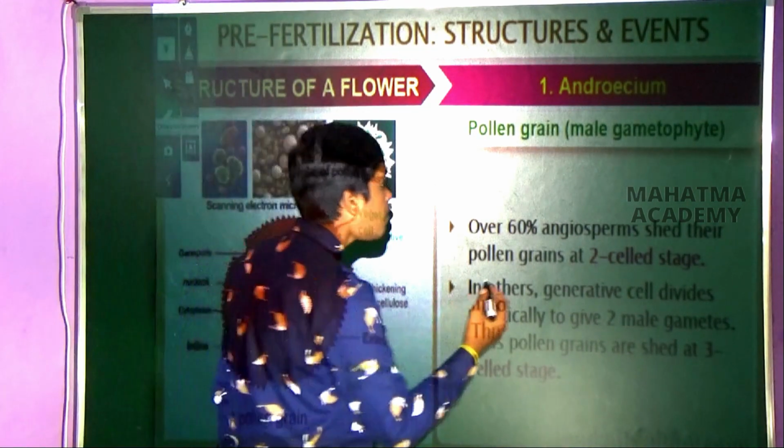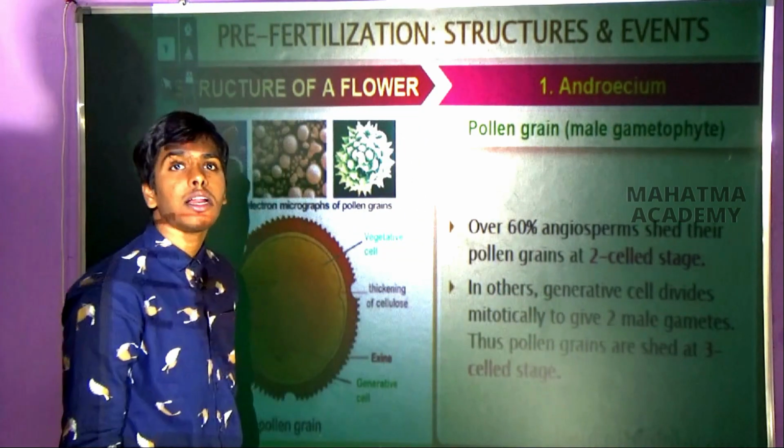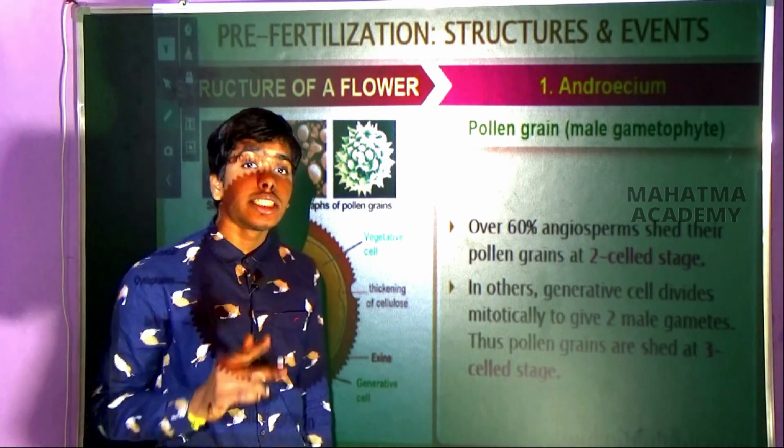Over 60% of angiosperms shed their pollen grains at which stage? Two cell stage.